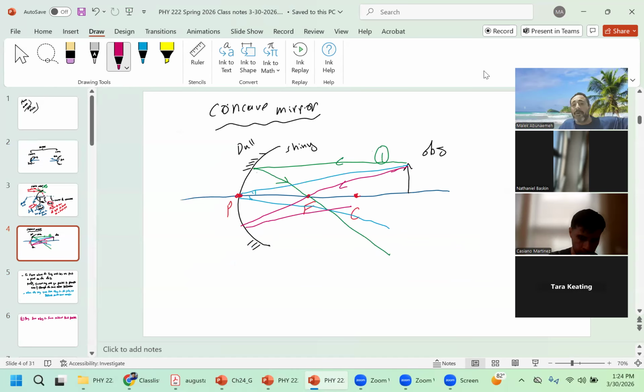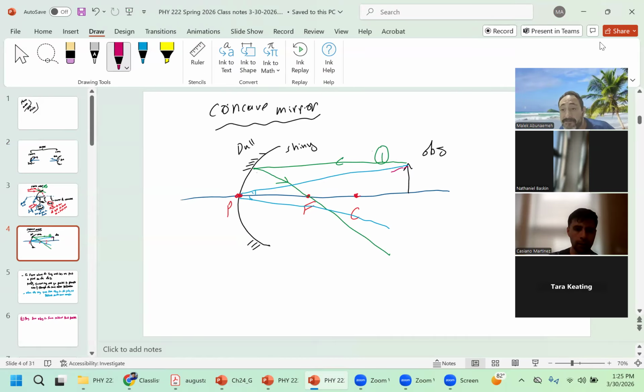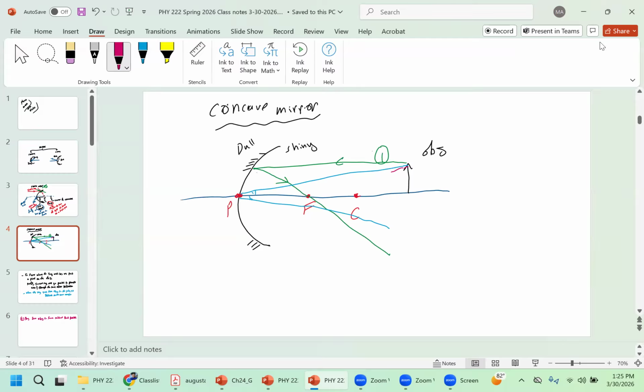One going through the focus and one going through the pole. Instead of having to do a bunch of lines, I'm just going to eliminate the last one just to make it easier. It reflects back through the focus or through the pole, because going through the focus and back parallel is just inverted. Does that make sense? I just wanted to write that down.